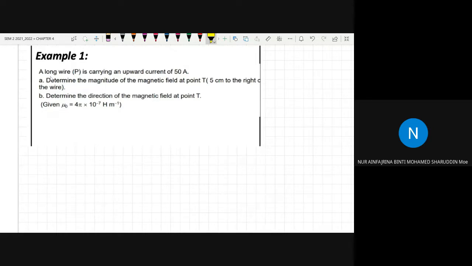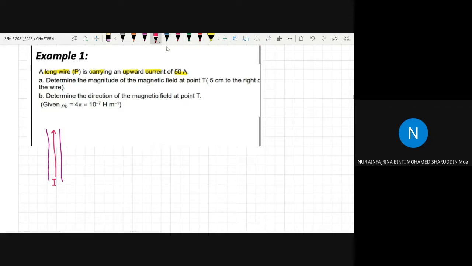Okay, dia cakap, a long wire P is carrying an upward current of 50 ampere. Okay, kalau Miss Fizik ni is all about drawing juga lah, I will say. Draw je. Ni wire Miss. And Miss tahu current dia adalah upwards. Maksud upwards dia adalah ke atas. Alright.